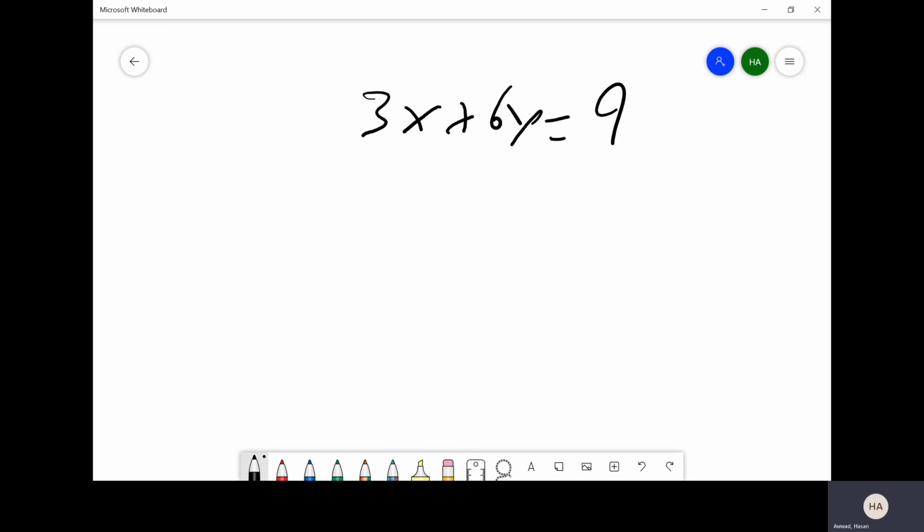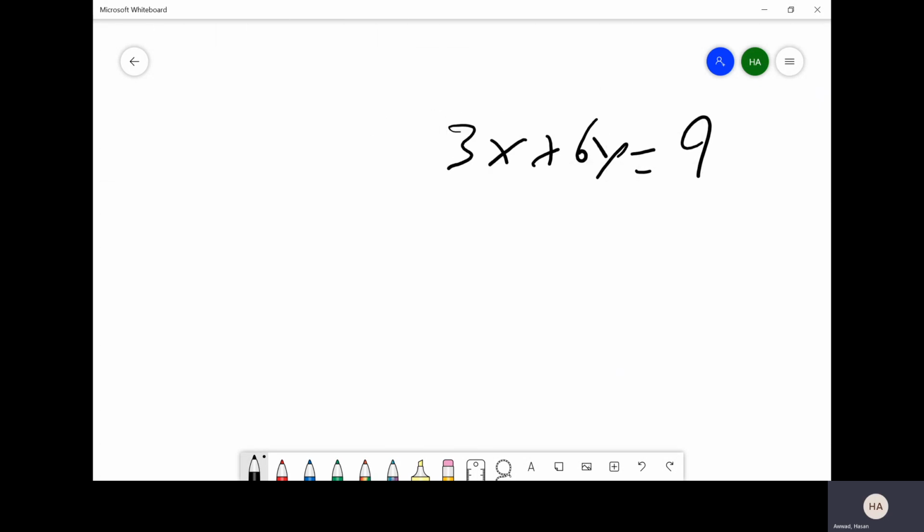Well, if we're only caring about the variable y, then the 3x we can essentially just treat as another number. We can just do things to it that we would with regular numbers. And what I mean by that is when we try to isolate 6y by itself, we're just going to move 3x over because we don't care about the 3x. We're not trying to solve for x, we're trying to solve for y.